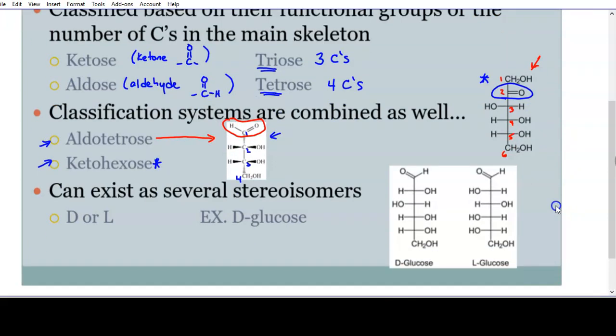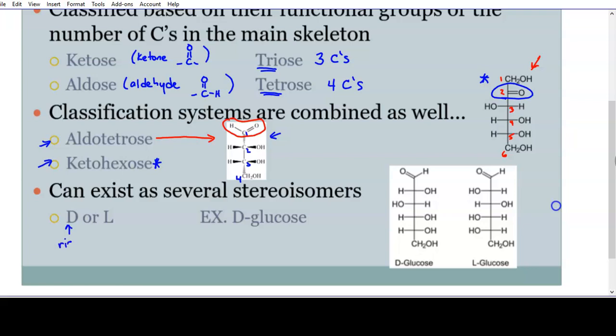In addition to determining if something is an aldehyde or a ketone and telling me the number of carbons, we have 2 types of stereoisomers that exist. A stereoisomer we'll cover in more detail on the next slide, but it's all about the spatial arrangement of the atoms and where certain things are found. So for your stereoisomers, you can have a D sugar or an L sugar.